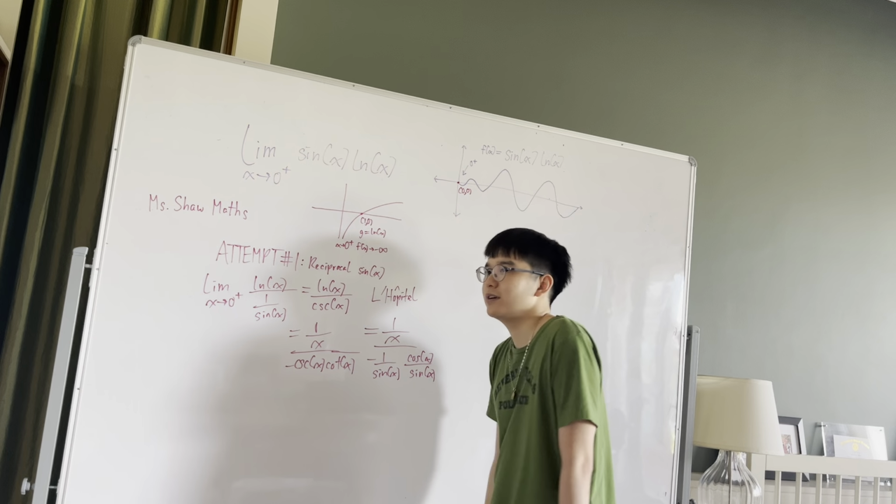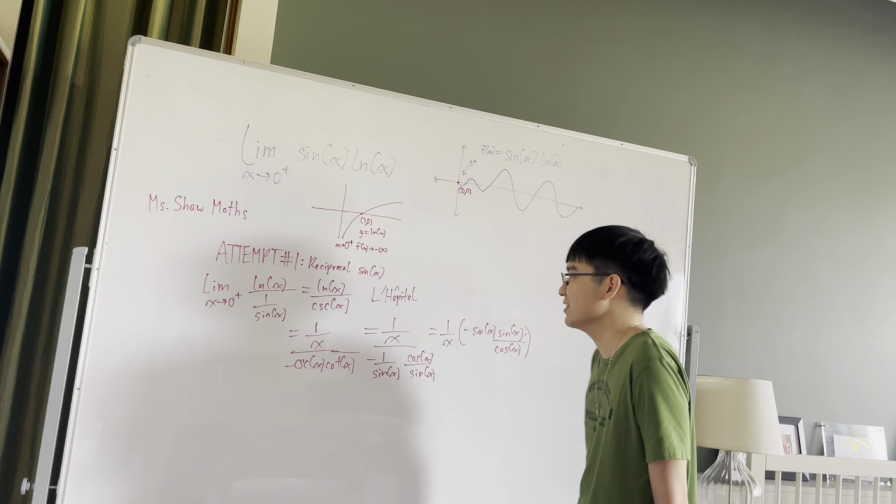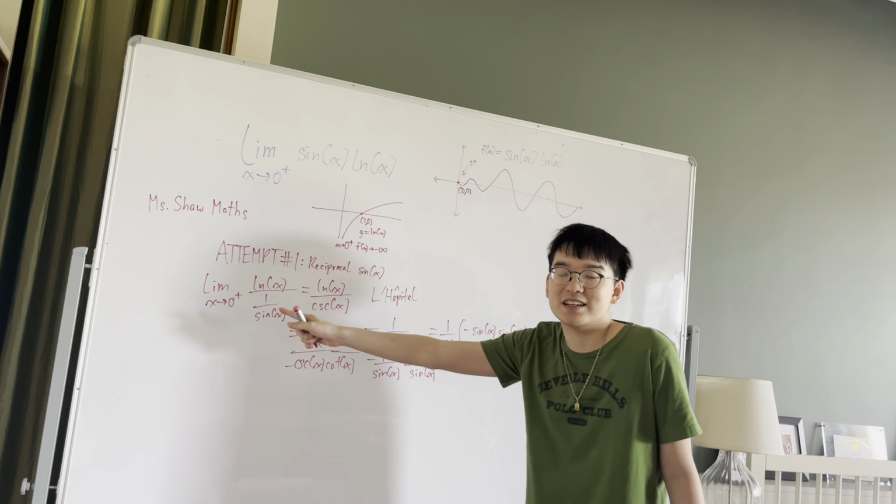And now I'm going to do something very sneaky here, because this sine x over x is actually a famous function with a very famous limit as you take x and have it approach 0.